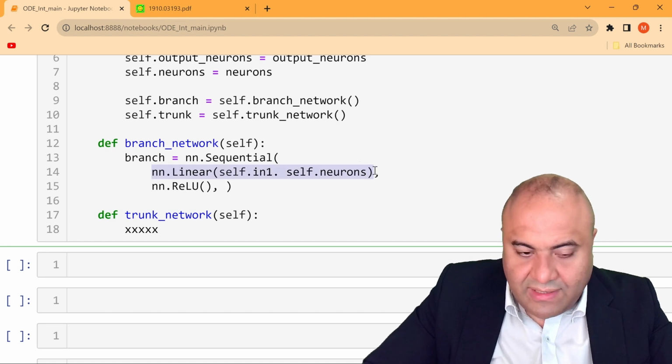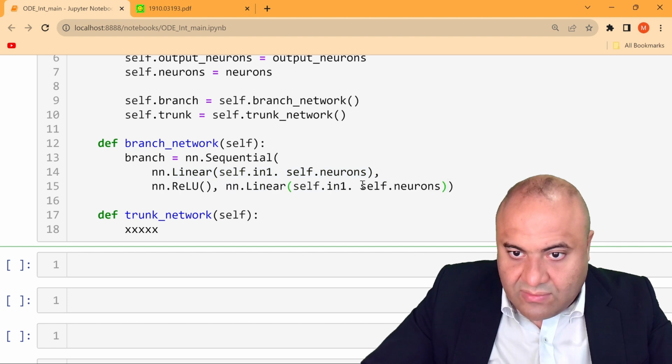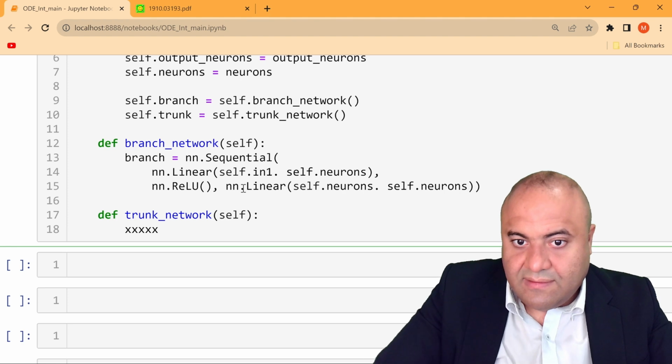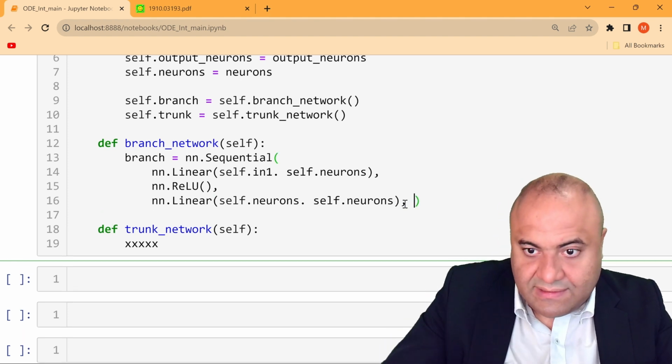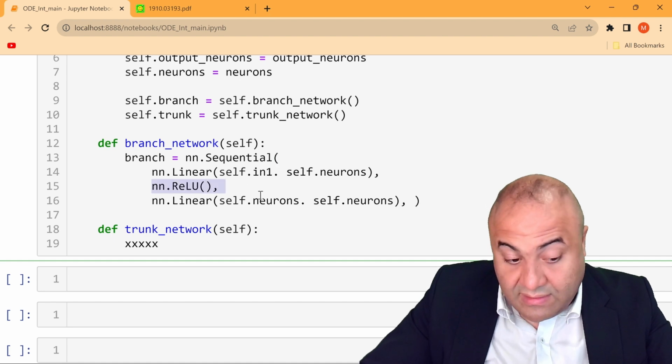And then we will have another Linear, and this is going to be a hidden layer. And then we will have another ReLU.